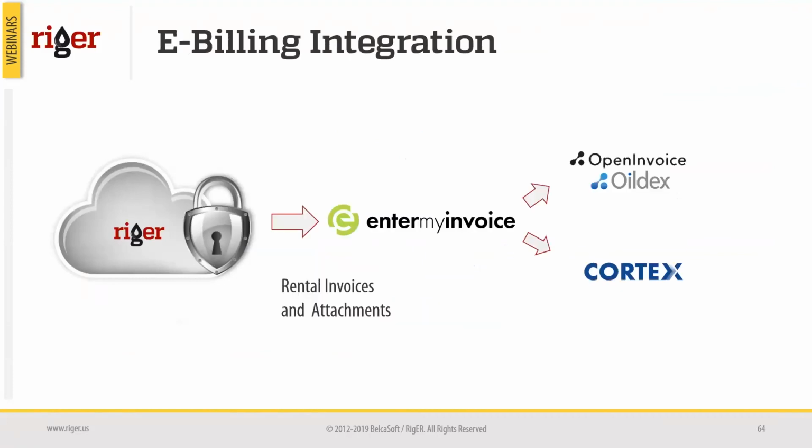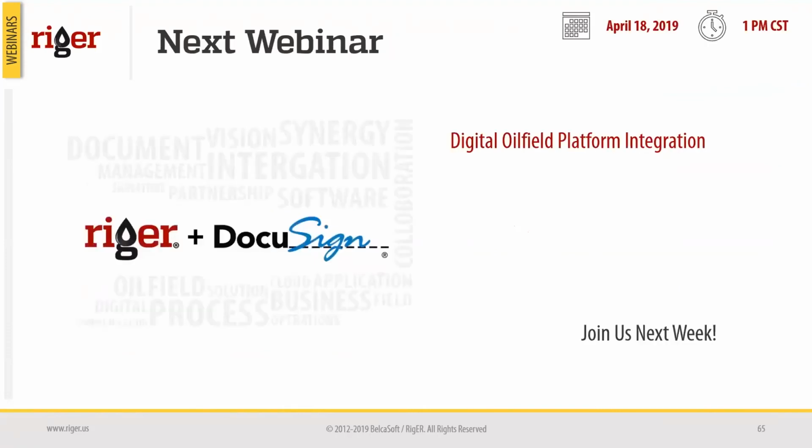For e-billing integrations with systems like Open Invoice and Cortex, we use our partner Enter My Invoice, and we send rental invoices with attachments. Definitely it speeds up processing time and increases the accuracy of data moving from one system to another.